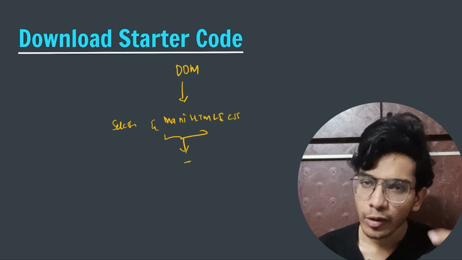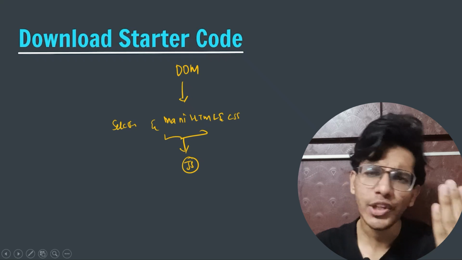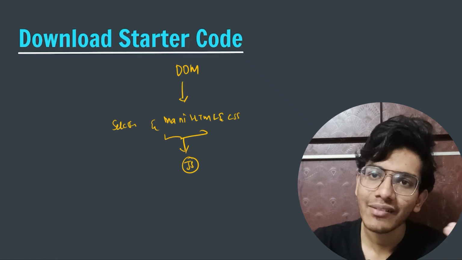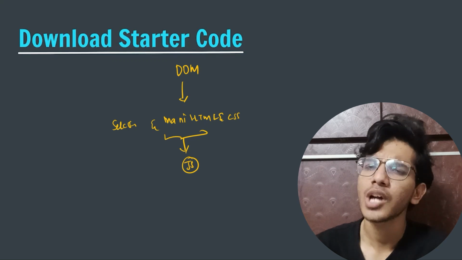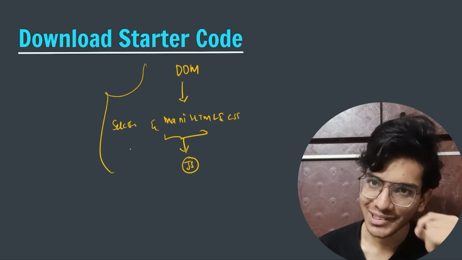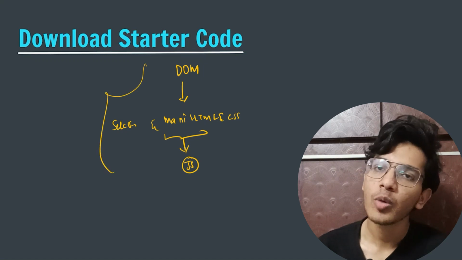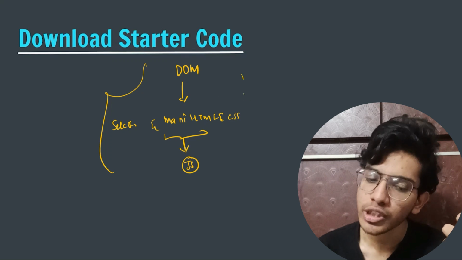We are using JavaScript as a tool through which we can indirectly manipulate our CSS and our HTML. This is the definition of the document object model, and the document object model is a two-step process.